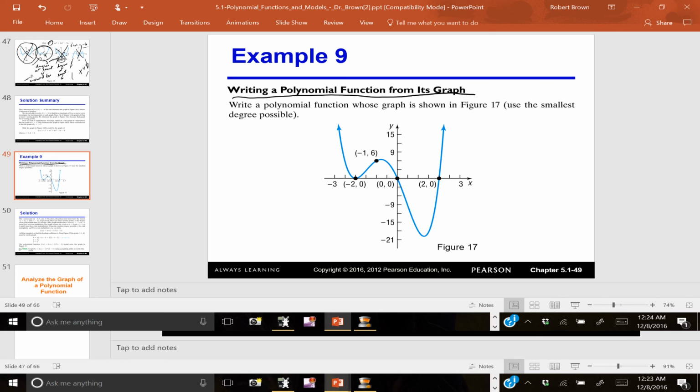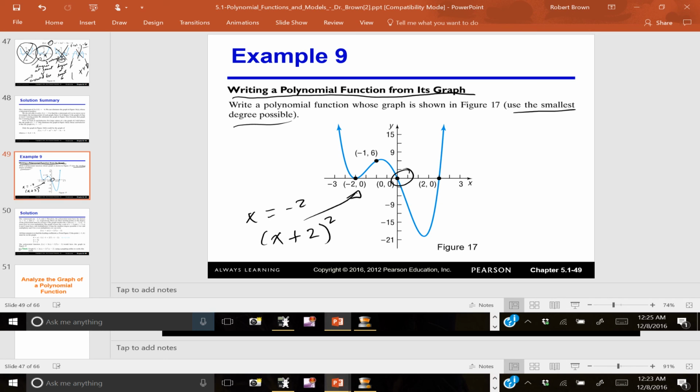And notice we have a 0 at x equal minus 2, which means that x plus 2 is a factor. And since it just touches, it's going to have an even multiplicity. And if you want to do it with the smallest degree possible, we'll make that a 2.